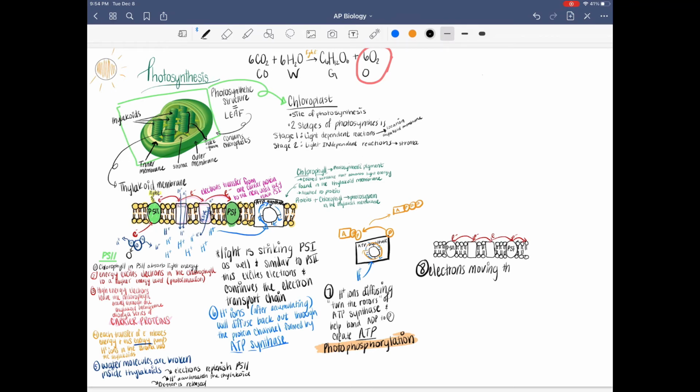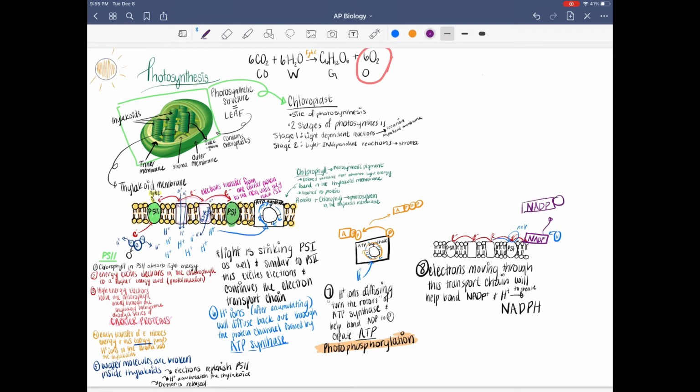So if we come back to looking at how our electrons are moving through our transport chain, we need to know that while they're moving through this transport chain, one of the other processes that's happening at the same time is that these electrons and the energy from these electrons is helping to bond NADP plus and hydrogen ions to create NADPH, which essentially is going to serve as our hydrogen ion carrier in photosynthesis.